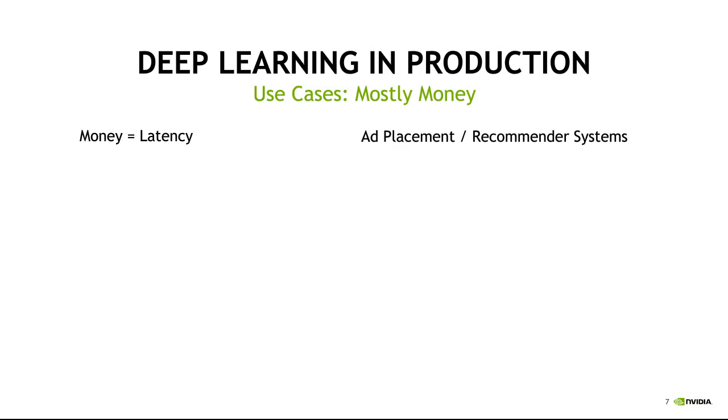I wanted to talk about deep learning in production. The thing that really catalyzed this whole industry was money, oddly enough. It was about making money, mostly about ad placement and search and recommendation for shopping.